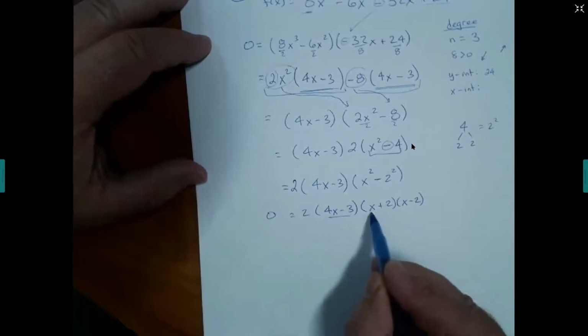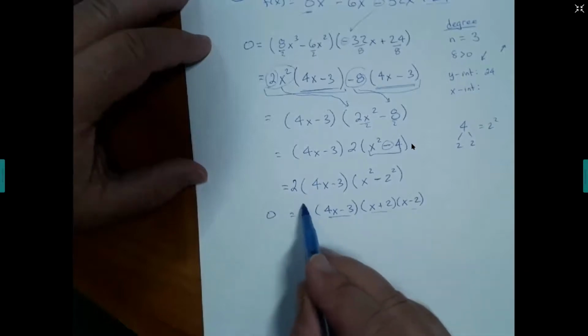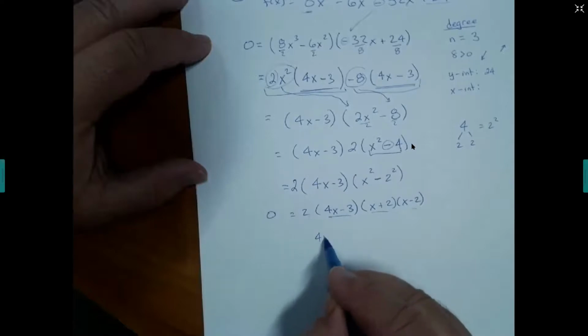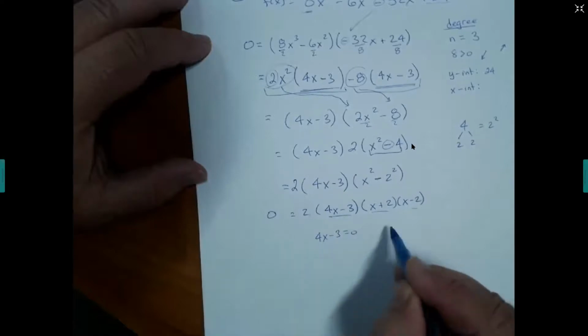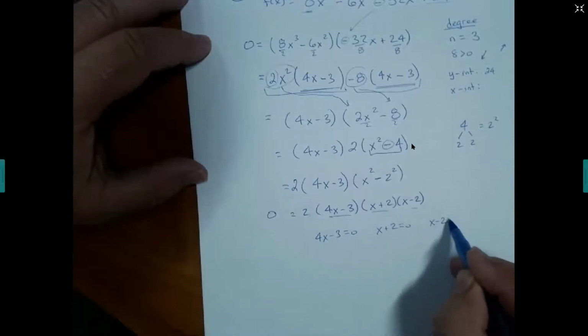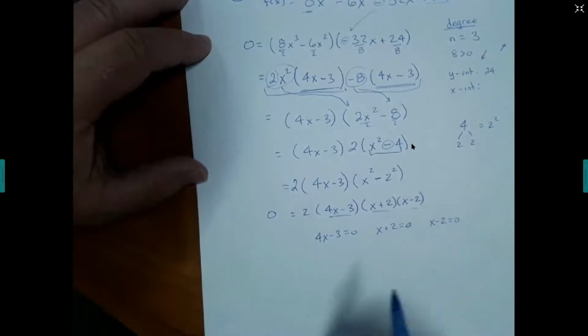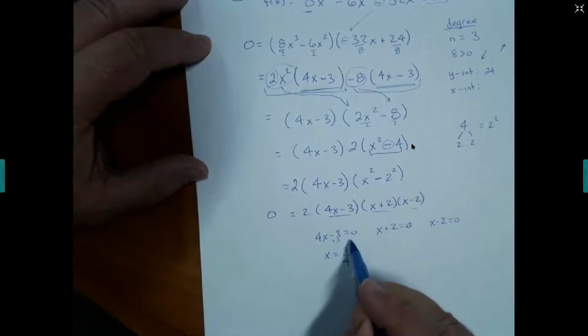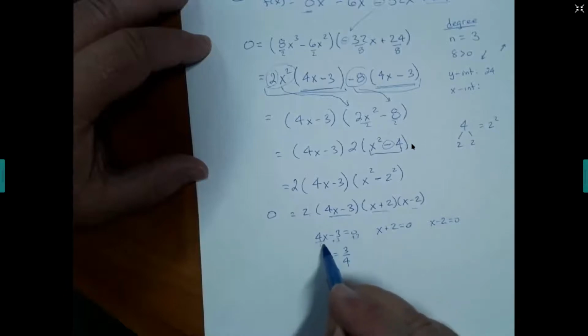Take each of these, anything that has an x. This one doesn't have an x, I don't worry about it. So anything that has an x, I set it equal to 0 and solve for it. So x is equal to positive 3 over 4. So I add 3 and divide by 4.